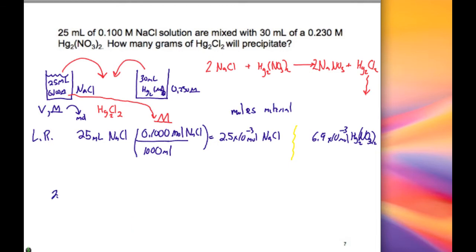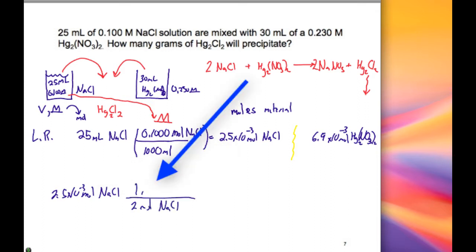We know that for every 2 moles of sodium chloride, that is equivalent to 1 mole of mercury(I) chloride that precipitates out.